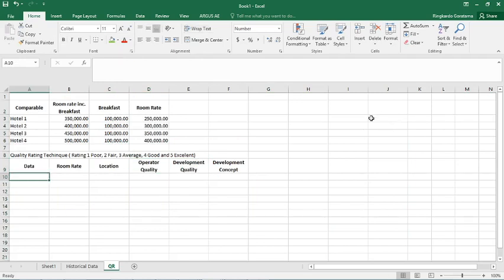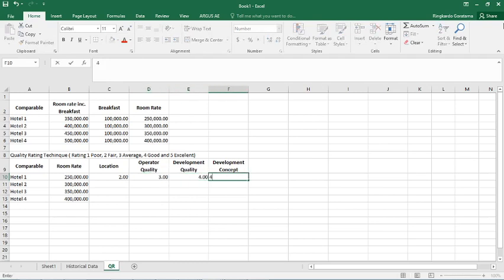Okay, so I think we use the same term, comparable. So this is the comparable hotel 1, 2, 3, and 4. So we get the room rate, and based on the location, we put the score is only 2 for fair, hotel quality is average, is good, and the development concept, let's say, is average.